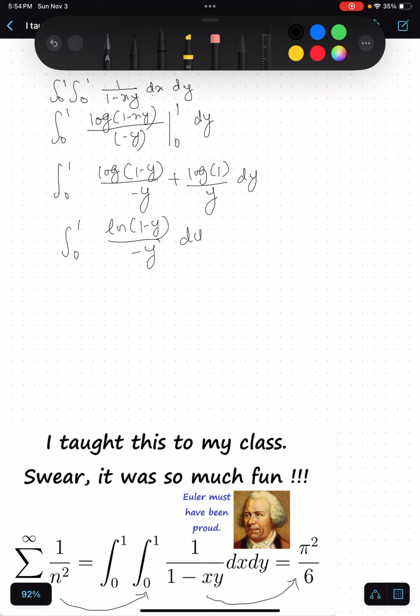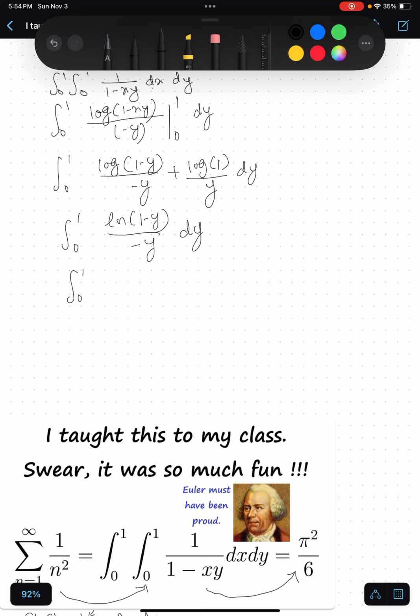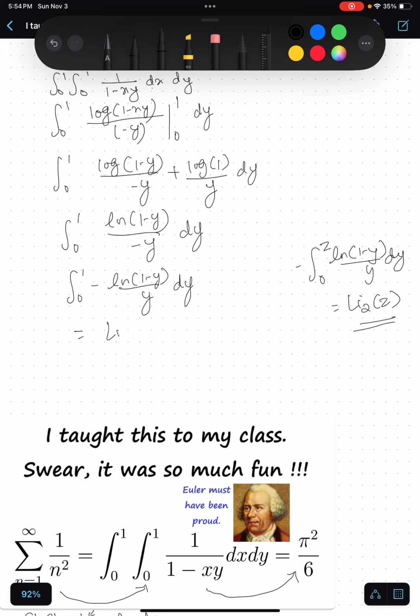Now this is the integral from 0 to 1 of minus ln of 1 minus y by y dy. This is actually a popular integral, which, if it was z over here, should just have been the li2 of z function, right? So this would just be li2 of 1.